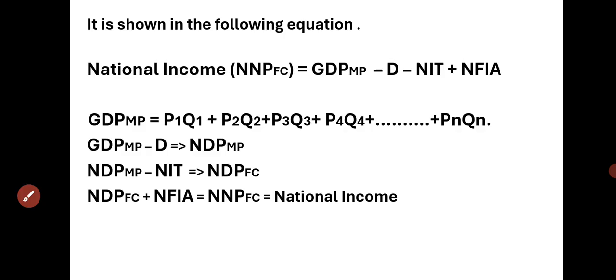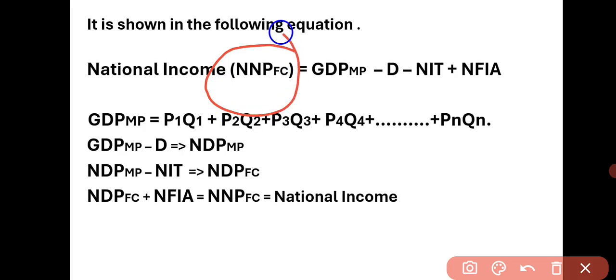Then you see here, in an equation, national income in the product method is given. National income, that is NNPFC, is equal to GDPMP minus depreciation.